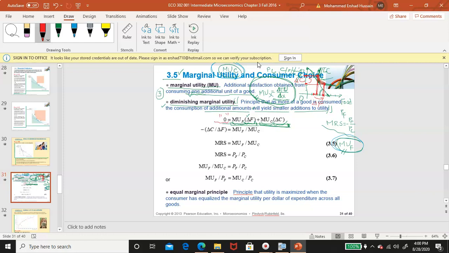When we have more clothing, we are left with less food. When we have more food, we are left with less clothing. So the utility that we gain because of having more food is compensated by the utility we lose by consuming less clothing. This is always true because the indifference curve is like this.